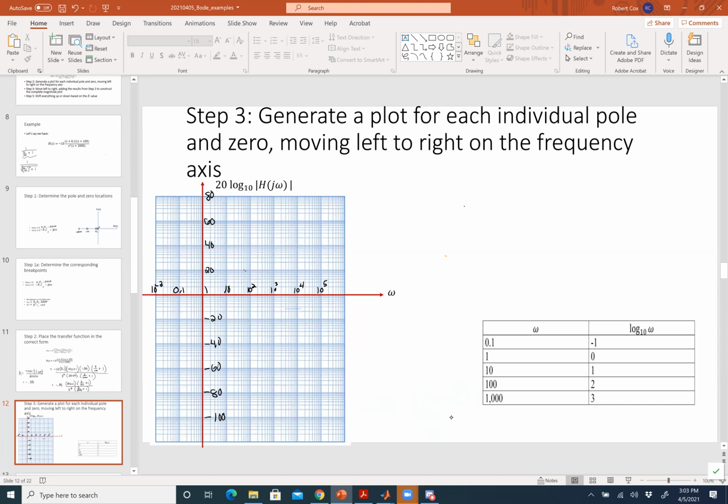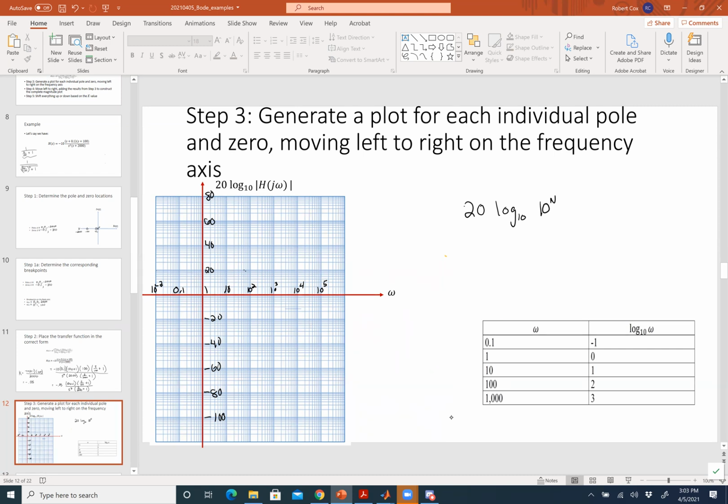Okay. And I've labeled up my y-axis there in steps of 20 dB. And it makes sense for me to do 20 dB because if you think about it, 20 log 10 of 10 to the power of n. Right? If you did n equals 0, that's going to be 0. If you did n equals 1, that's going to be 20.